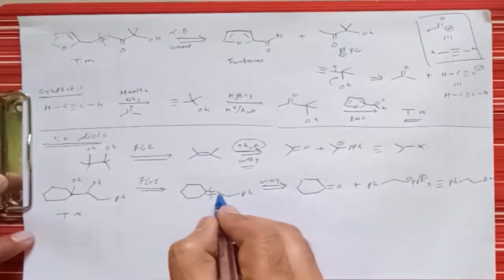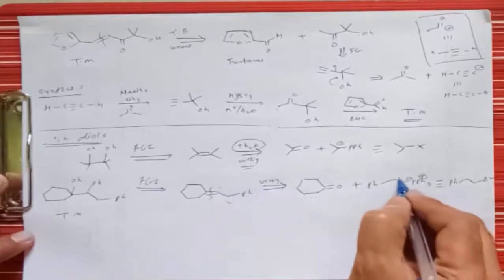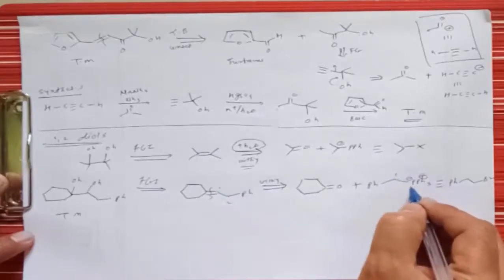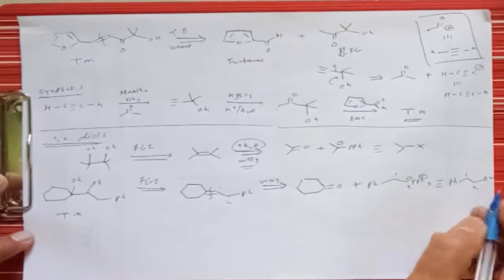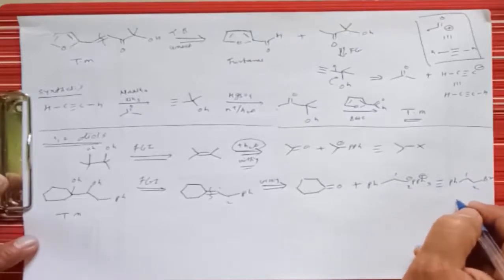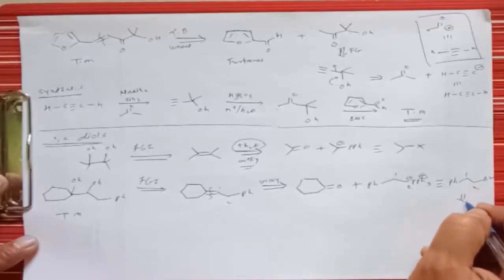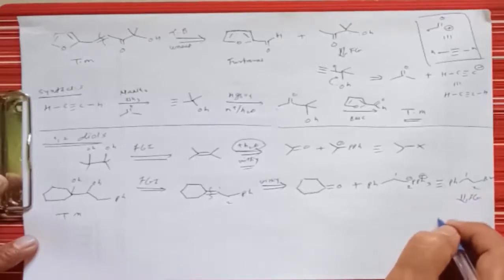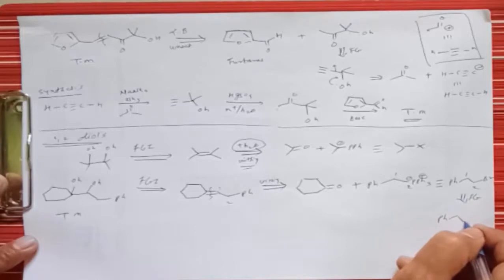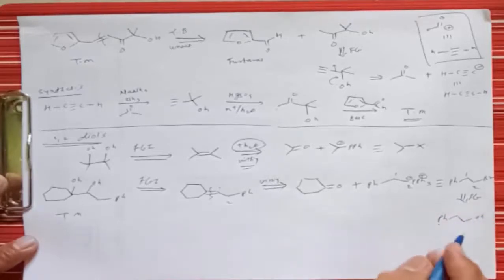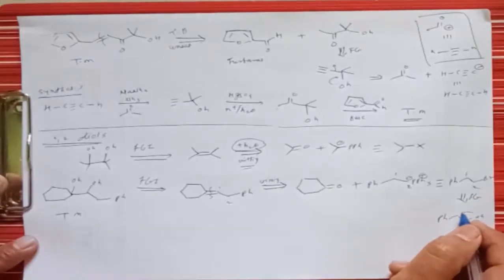Because here are 2 carbons, 1, 2, so here is 1, 2, therefore 1 and 2, right? Then this PhCH2CH2Br can be easily prepared by functional group interconversion by taking PhCH2CH2OH, right? And then we can go for the formation of an epoxide.